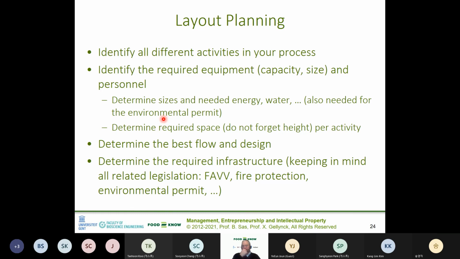This determines which class of environmental permit you need and can acquire. There are very strict regulations to that, and for that they often request information on the size of your equipment and the amount of energy and water being used and so on and so forth. Determine the required space.